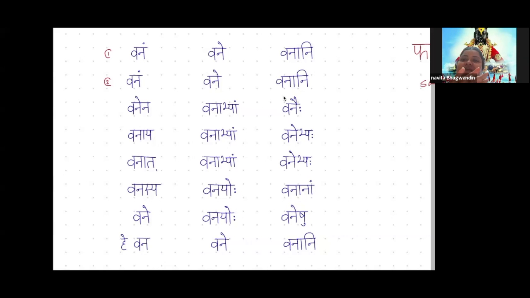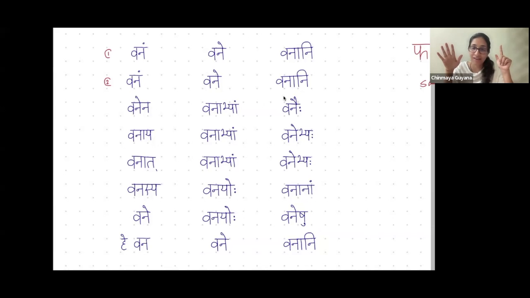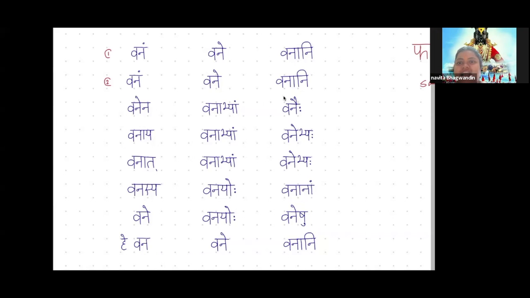Vanat, vanabhyam, vanebhyah. Vanasya, vanayoho, vananam. Vane, vanayoho, vaneshu.